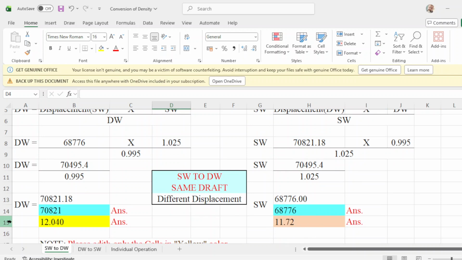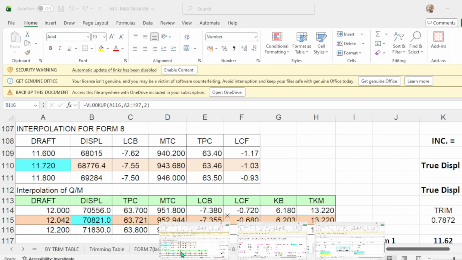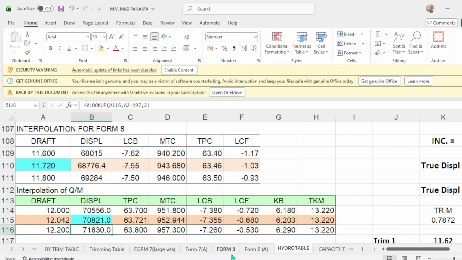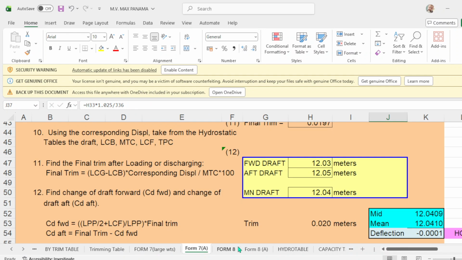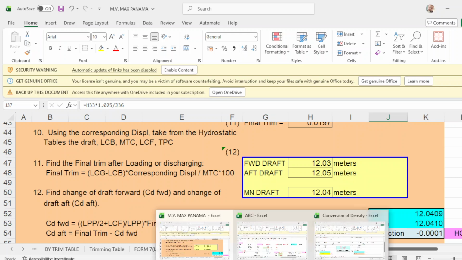You only get your mean draft here, but in this program, you will get your forward and aft draft, your mid draft, and your trim. Show it in your manual.